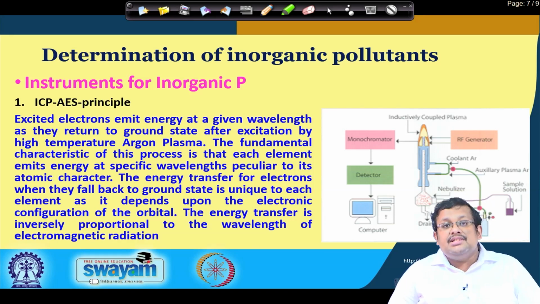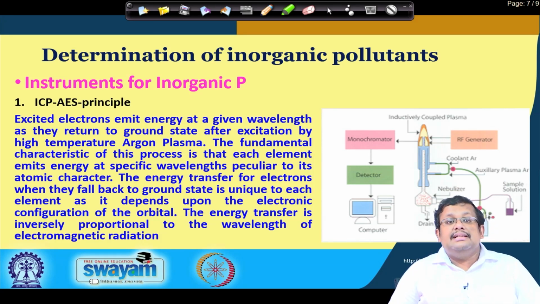The energy transfer for electrons when they fall back to the ground state is unique to each element, as it depends upon the electronic configuration of the orbital.